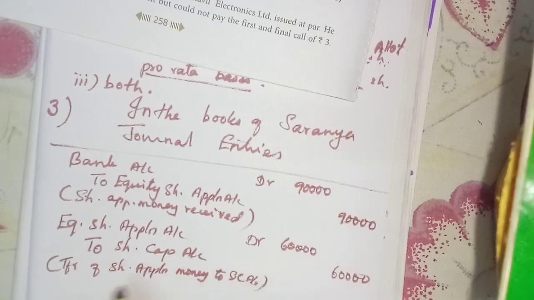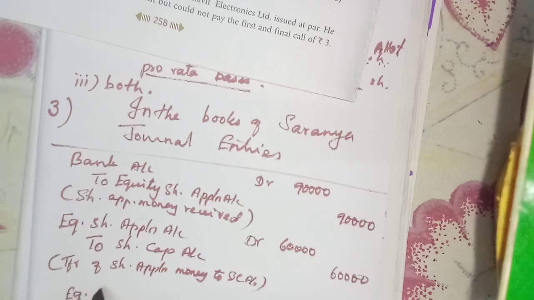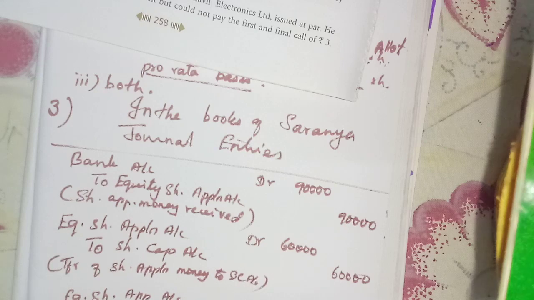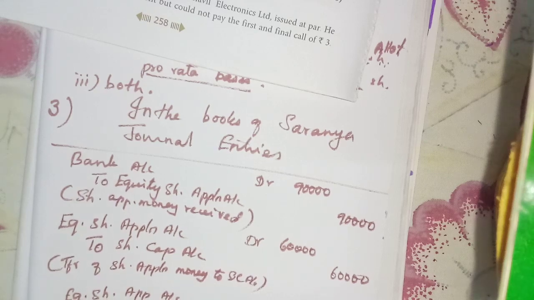The remaining 30,000 we have refunded. So again debit the same thing: equity share application account debit to bank account.